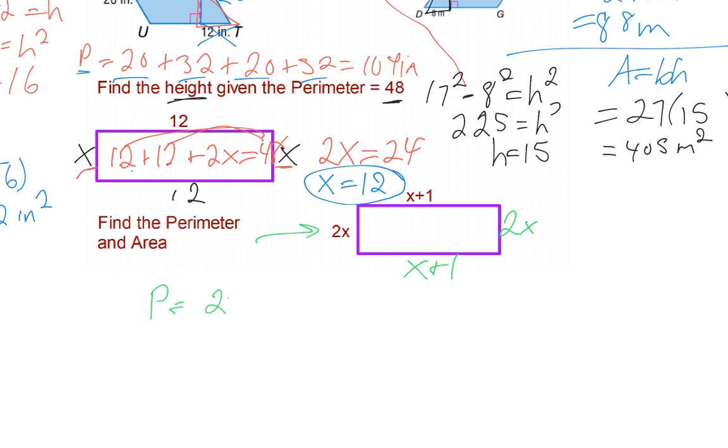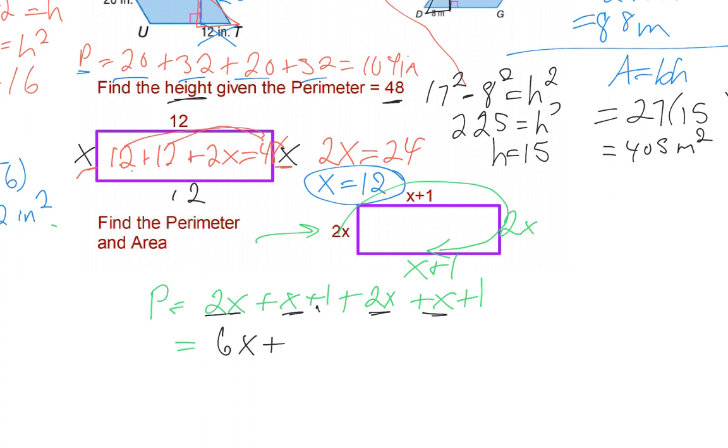I have a 2x plus x plus 1 plus a 2x, I'm working my way around, plus an x plus 1. And solving that, I combine all of my like terms. So all of my x's, that's 2, 3, 4, 5, 6x plus 1, 2. And that's my perimeter as an expression.